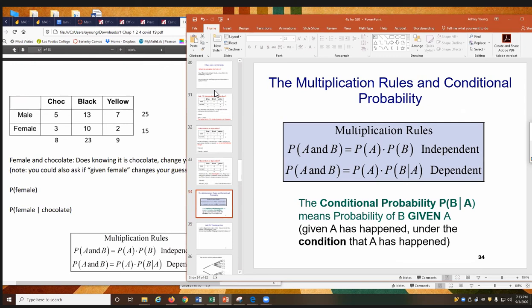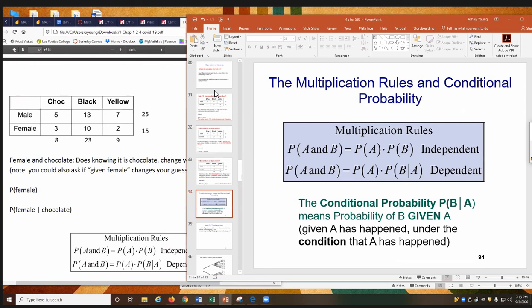And then the conditional probability of B given A means the probability of B given that A has happened, under the condition that A has happened.